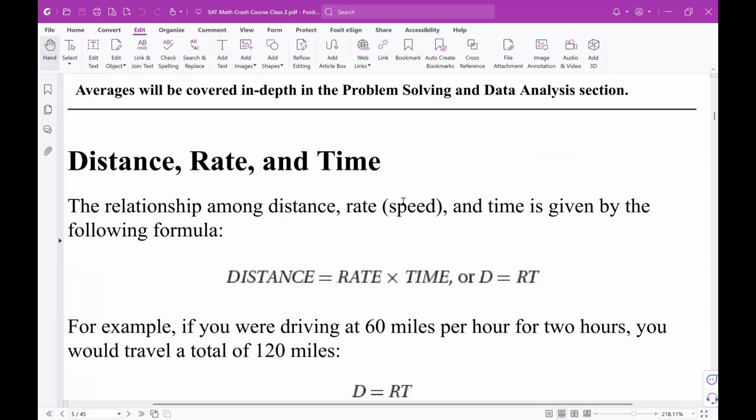There is a difference between speed and velocity, because speed and velocity are not the same, but just make it simple. Speed, or rate, equals distance divided by time. This is just a simple equation.